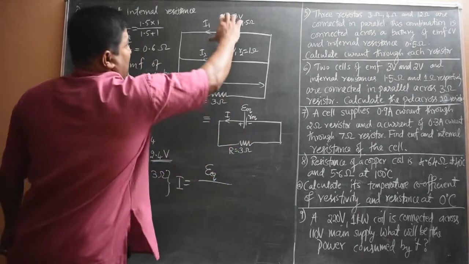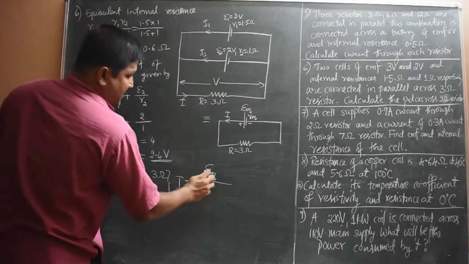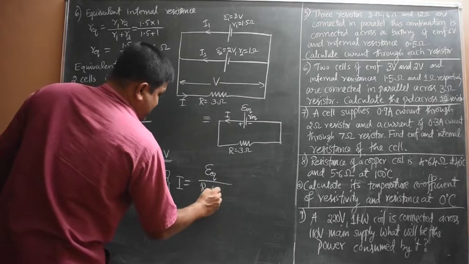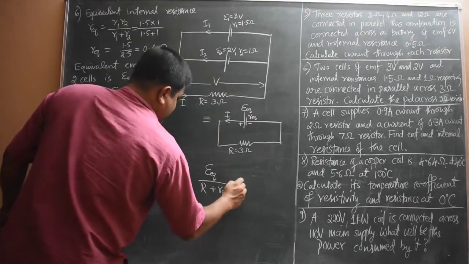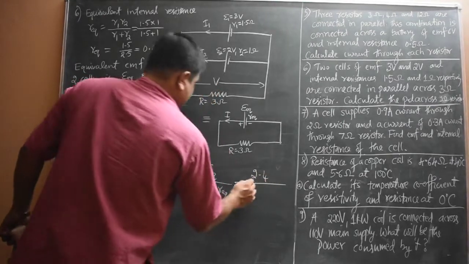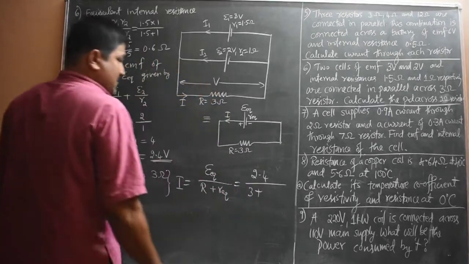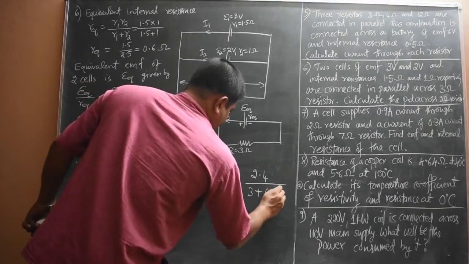Now instead of two cells we have to consider a single cell whose EMF is epsilon EQ. Then the external resistance say R is there, plus its internal resistance is taken as Req. Now substituting epsilon EQ we got 2.4, divided by the external resistance 3 ohm, plus the effective internal resistance 0.6.